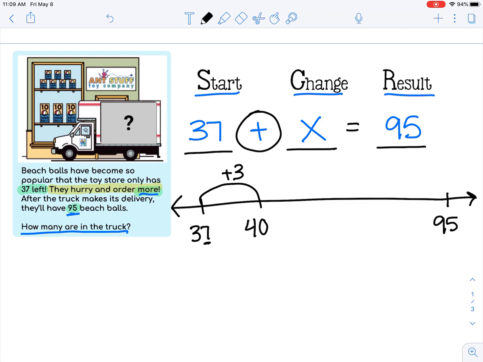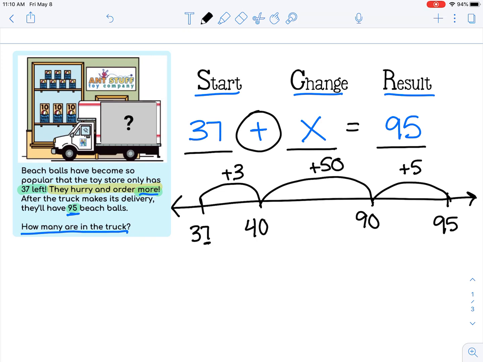Now I still need to get all the way to 95. I know that 4 plus 5 is 9. So 40 plus 50 is going to equal 90. I don't need to waste time making a ton of jumps of 10. I can get there a lot faster by understanding 40 and 50 get me to 90. And then I only need to jump up 5 more to get to 95.